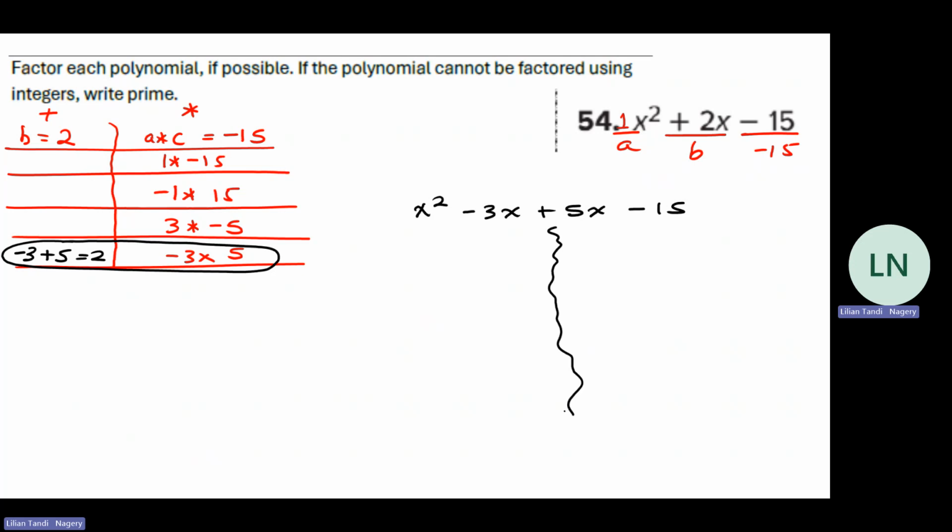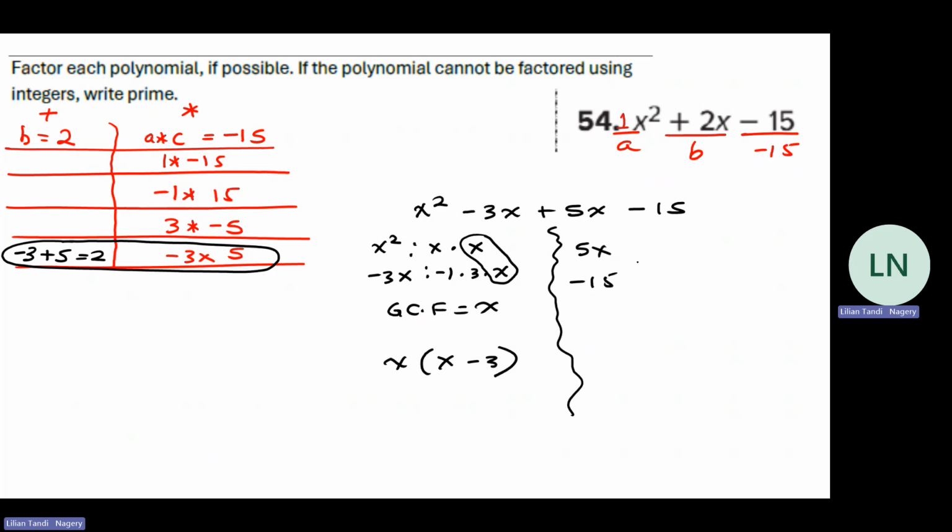And then I break it down. X squared minus 3x: x times x, negative 1 times 3 times x. My greatest common factor is x. X is outside, x minus 3. 5x minus 15: 5 times x, 3 times 5.